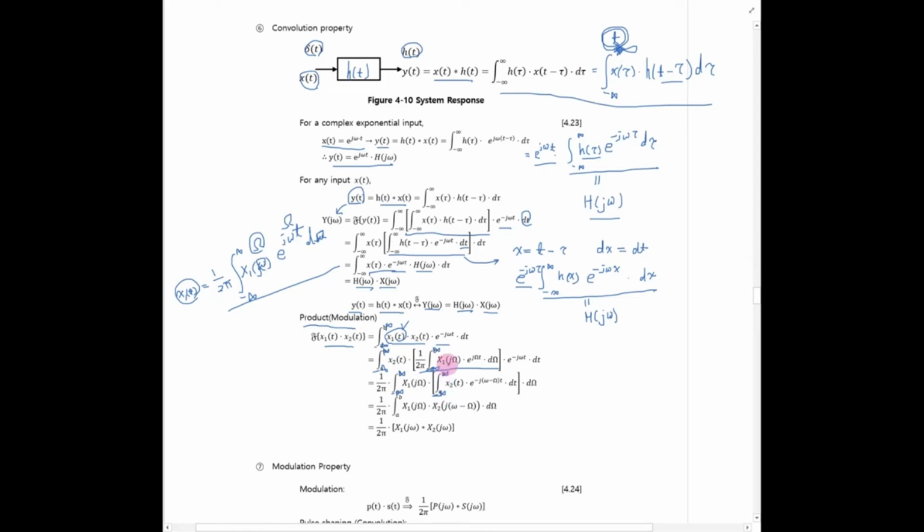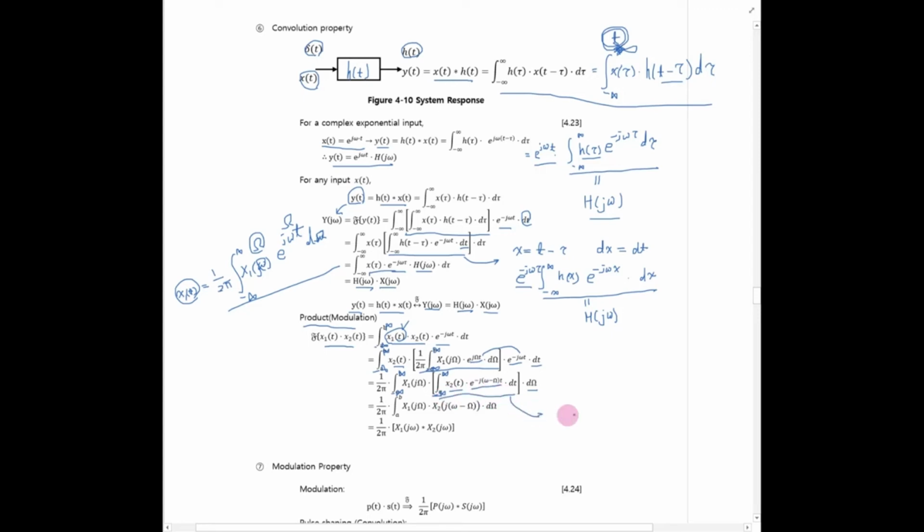Then we would like to take the integration dt first, since this part is a function of time. By multiplying this one, that will give this factor, and x2(t) is this one, and the d Omega is this one. Then inside here, consider these integrations.